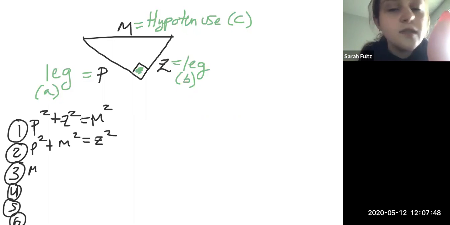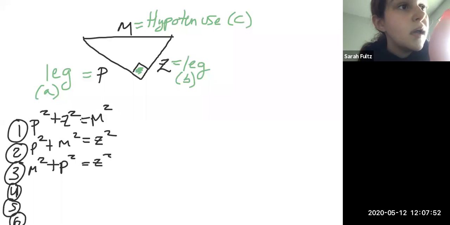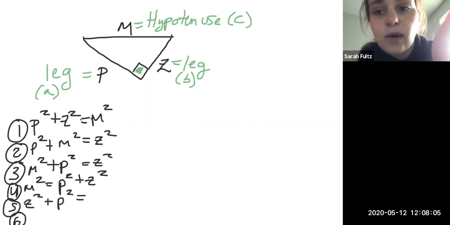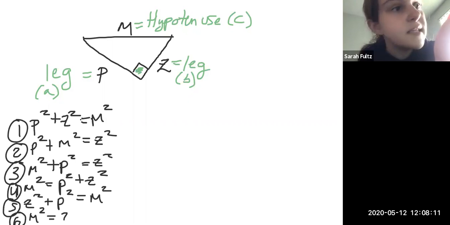Option 3, M squared plus P squared is Z squared. Option 4, M squared equals P squared plus Z squared. Option number 5, Z squared plus P squared equals M squared. And option number 6, M squared equals Z squared plus P squared.